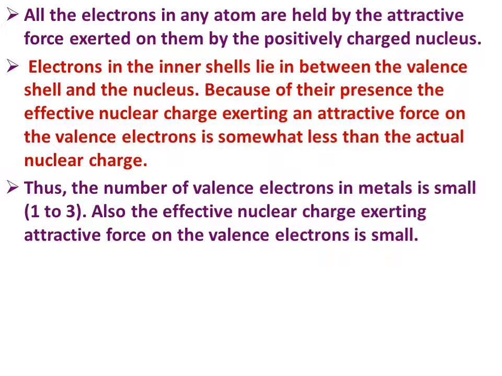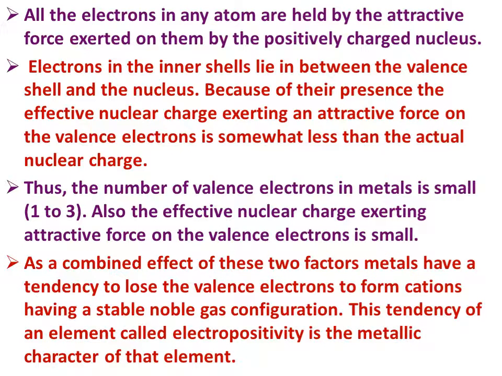Thus, the number of valence electrons in a metal is small, that is 1 to 3. Also, the effective nuclear charge exerting attractive force on the valence electron is small. As a combined effect of these two factors, metals have a tendency to lose the valence electrons to form cations having a stable noble gas configuration. This tendency of the elements, called electropositivity, is the metallic character of that element.